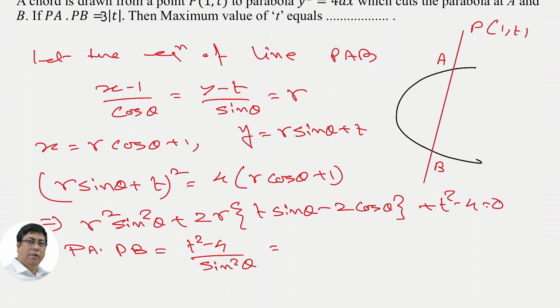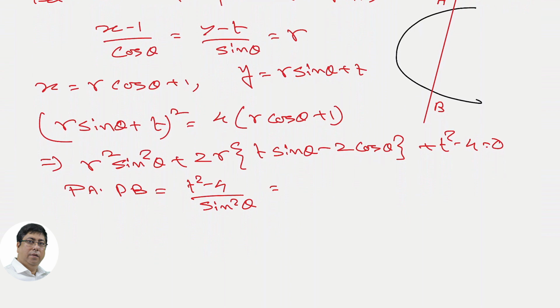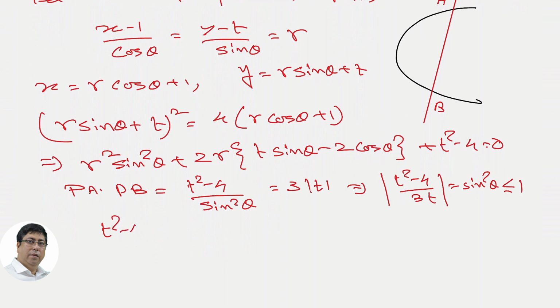According to the question, this is coming to be 3 mod t. Therefore, let's proceed. So we can write here mod of t square minus 4 by 3 mod t equal to sin square theta, and sin square theta we know is less than or equal to 1. So mod of t square minus 4 by 3 mod t less than or equal to 1.